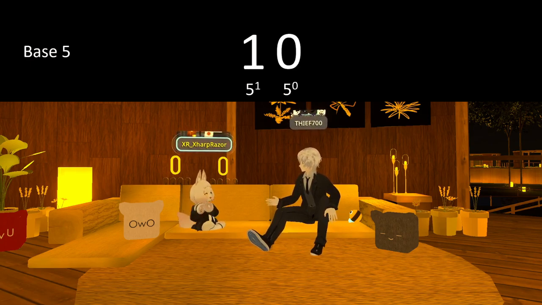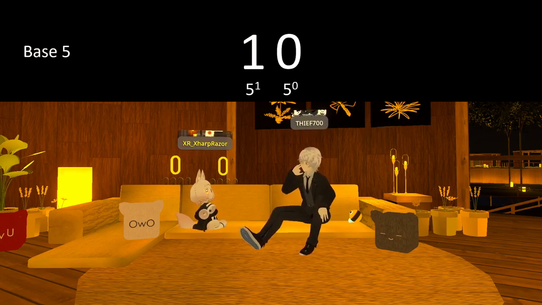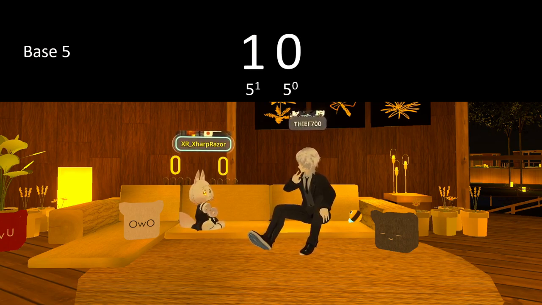In base 5, we do not have the symbol 5. So we carry the 5 to the next digit. So if we start from 0 and then 1, 2, 3, 4, and then the next number would be 1, 0. There we go.